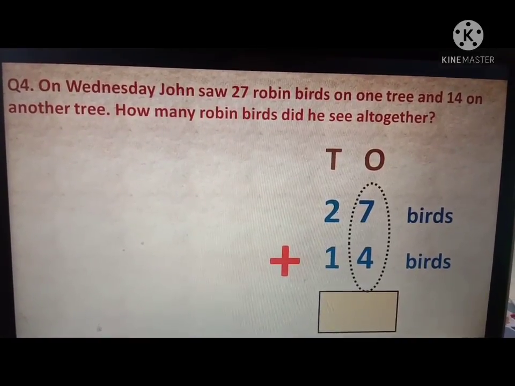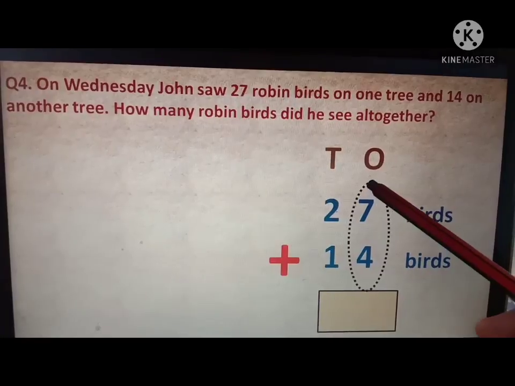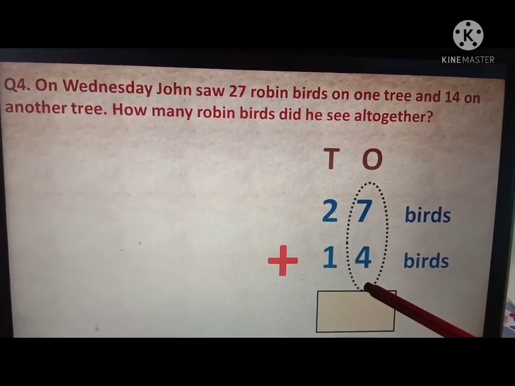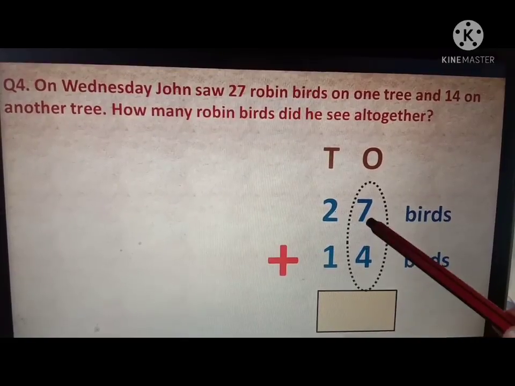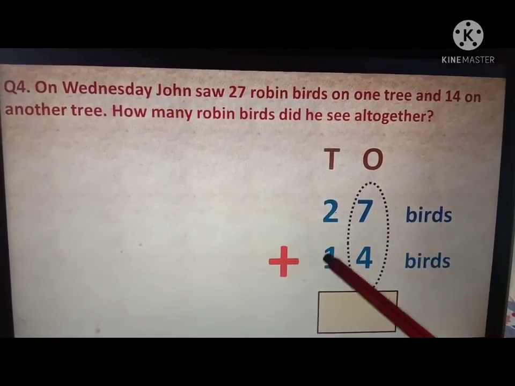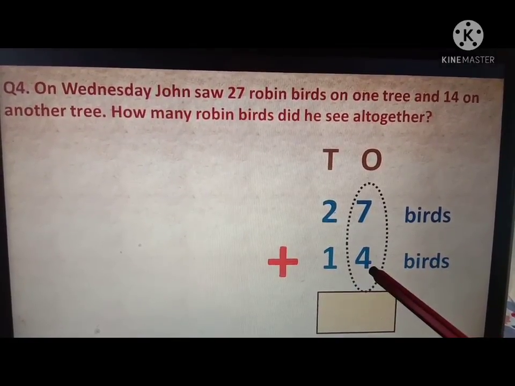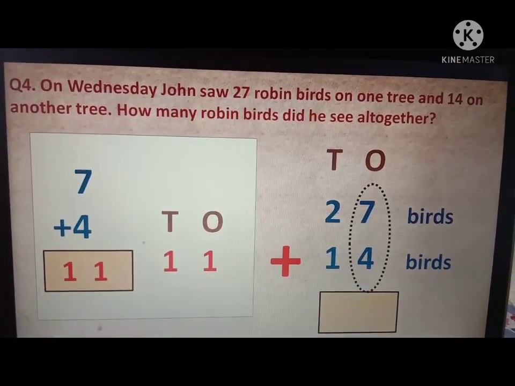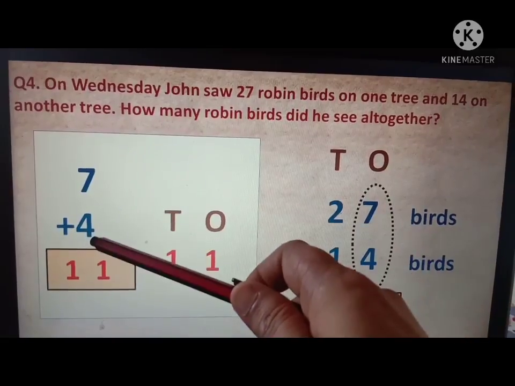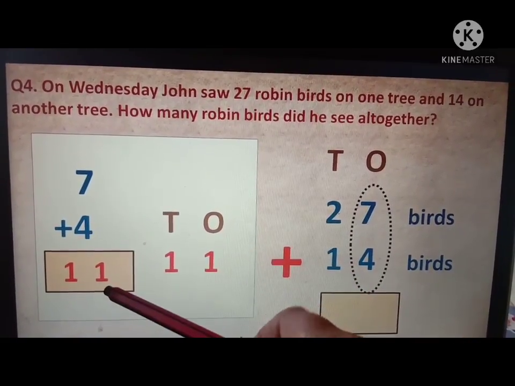Now the first step is, we have to add the numbers that are given at ones place. So in 27, 7 is given at ones place. In 14, 4 is given at ones place. So when we add 7 with 4, we will get the answer 11.